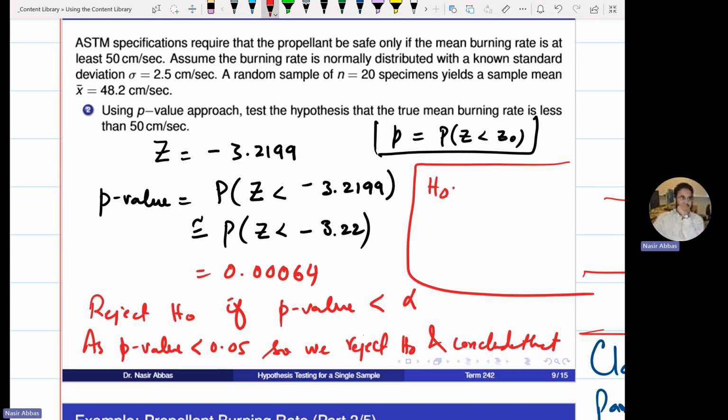Your H naught was mu greater than or equal to 50. Your H1 was mu less than 50. So you reject H naught and go with H1. So you go with the claim that the mean burning rate is indeed less than 50.